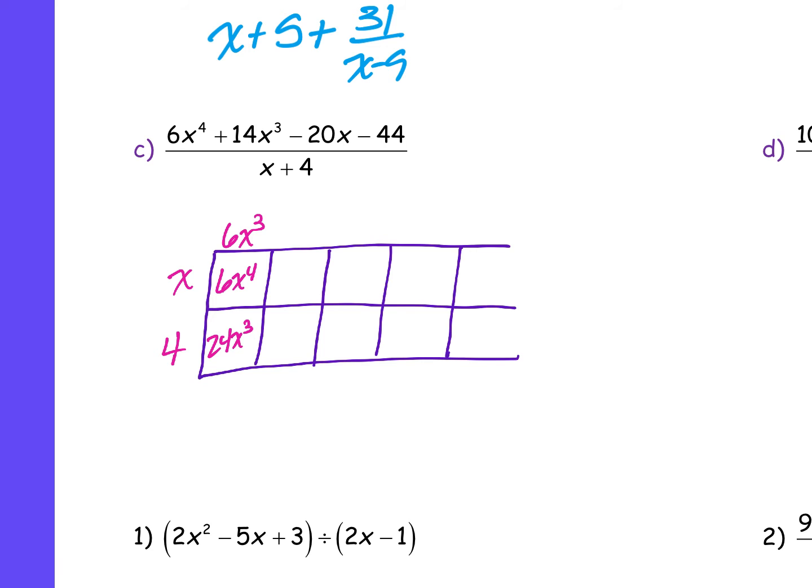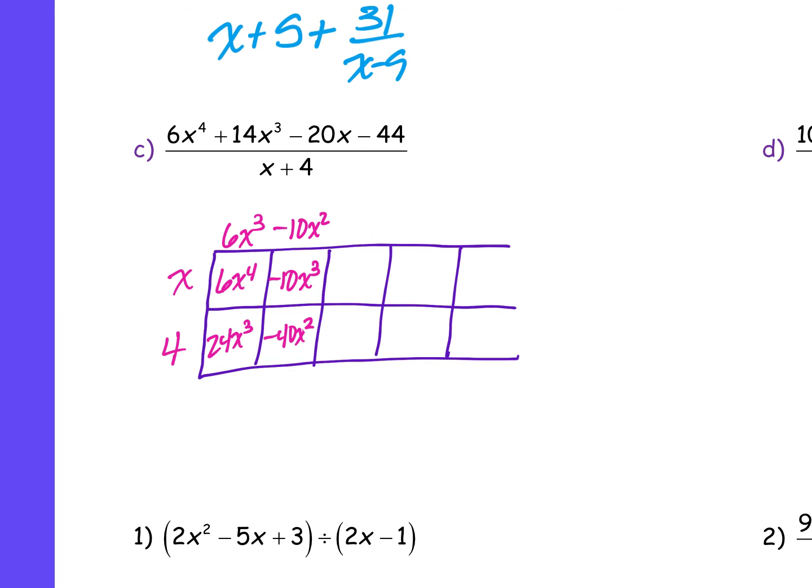And what do I add to 24x cubed to get 14x cubed? Negative 10x cubed. And then negative 10x squared times 4 is negative 40x squared. And this is the problem.